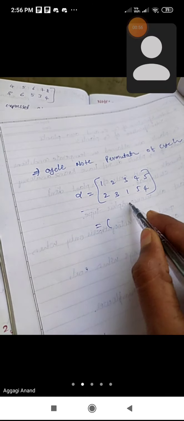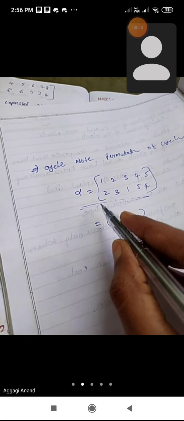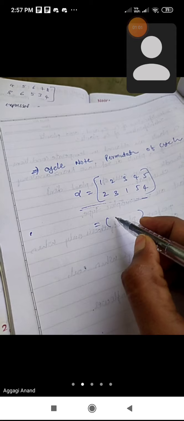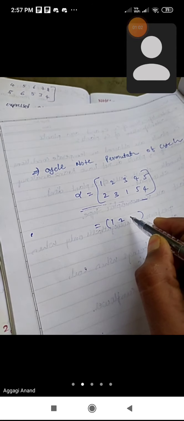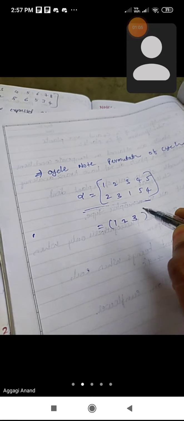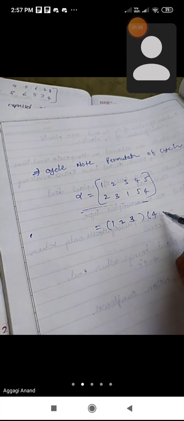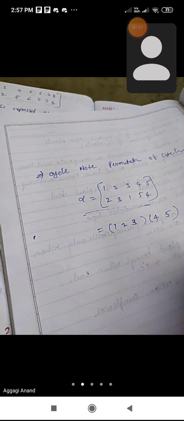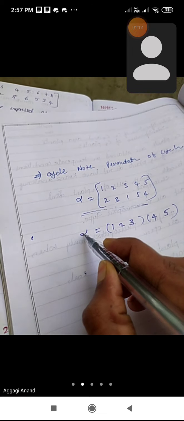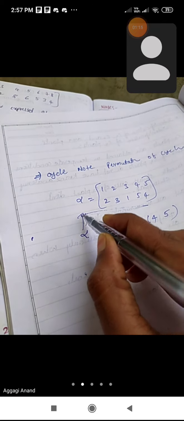This is the permutation. So 1, 2, 3, next 4 and 5. This is the cyclic notation of permutation alpha.